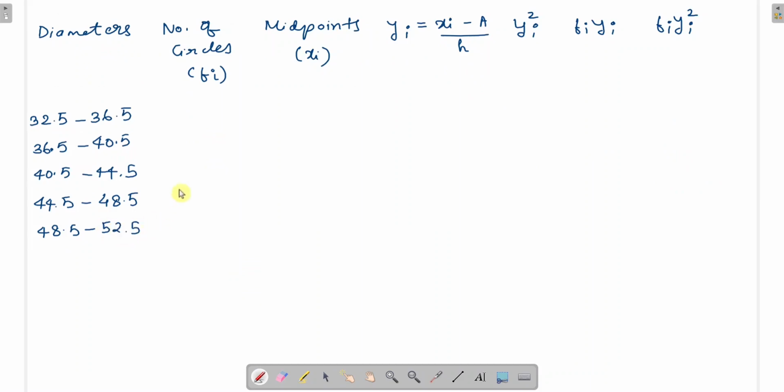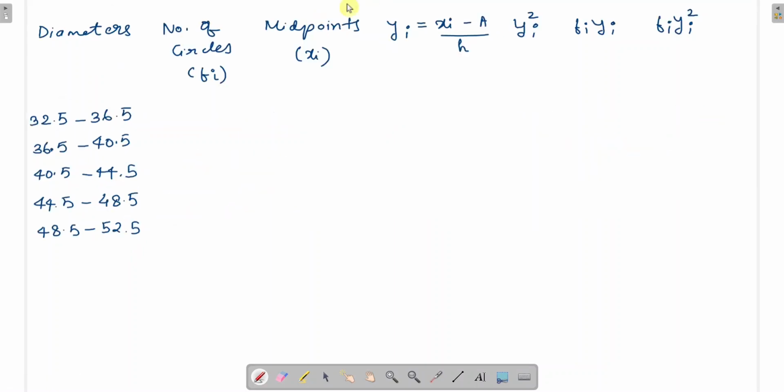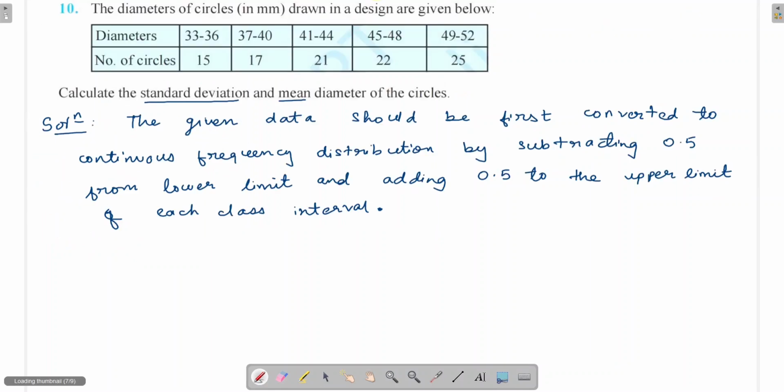Okay, then number of circles, that means frequencies, 15, 17, 21, 22 and 25.